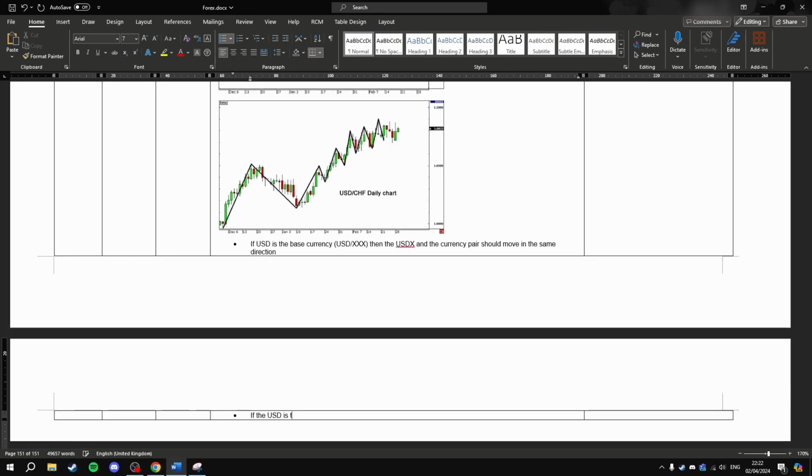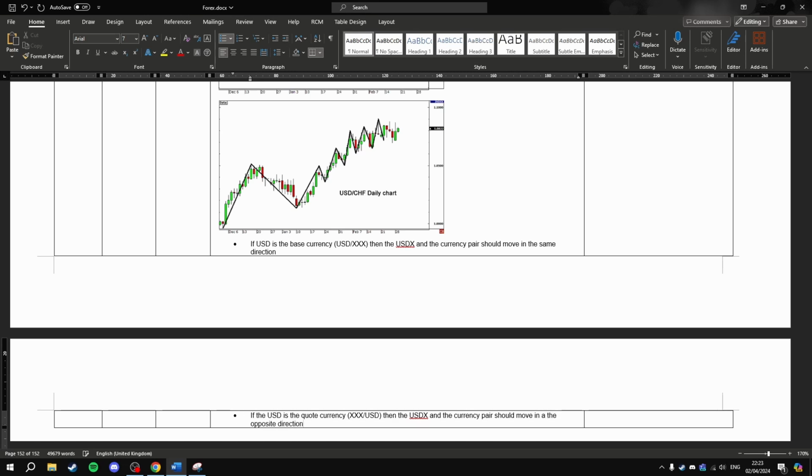If the USD is the quote currency, XXX/USD, then the USDX and the currency pair should move in the opposite direction.